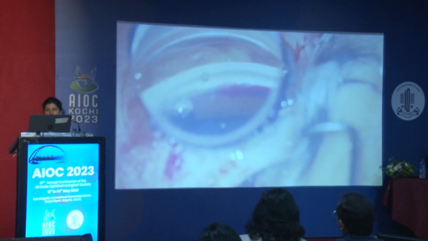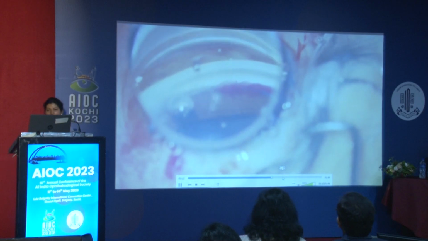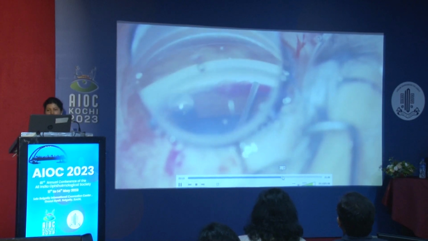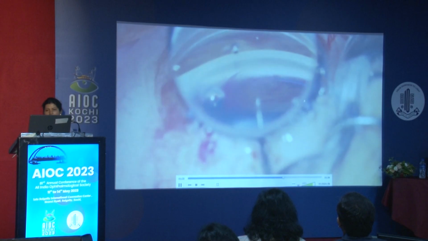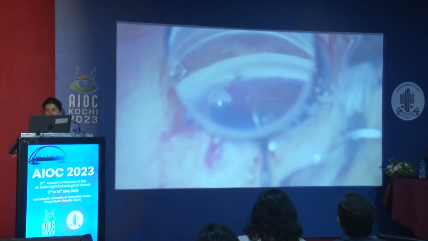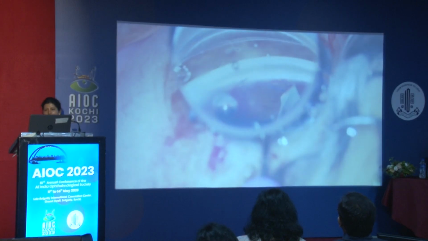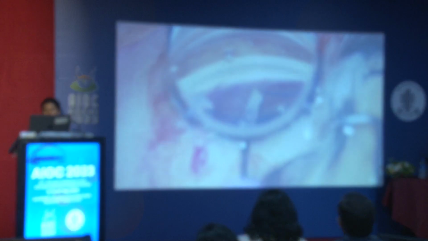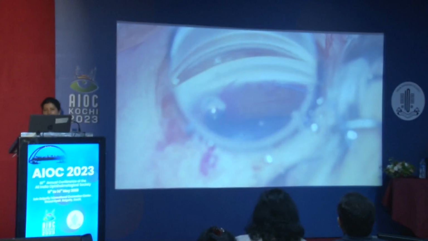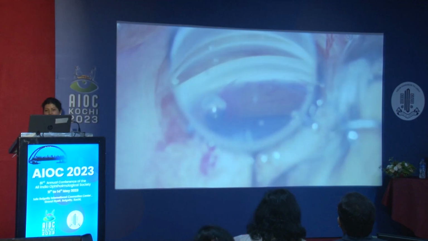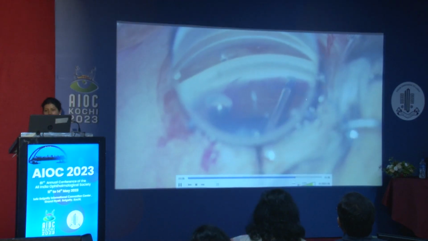Once you notice the Prolene suture coming out from the other side, it is pulled, the Schlemm's canal is opened, a slit incision in the Schlemm's canal is done, and the free end of the suture is grasped with the intraocular forceps.